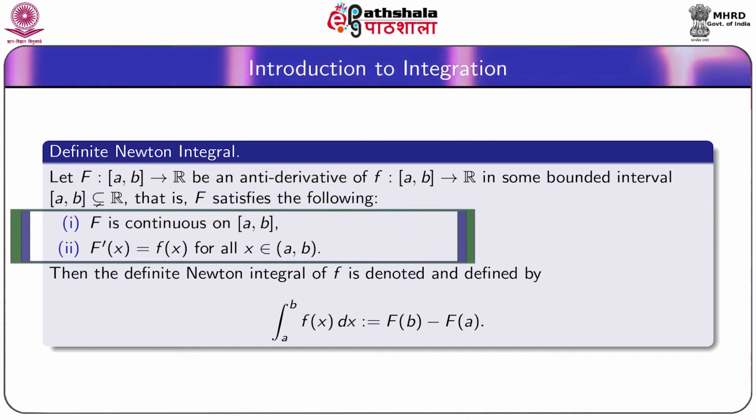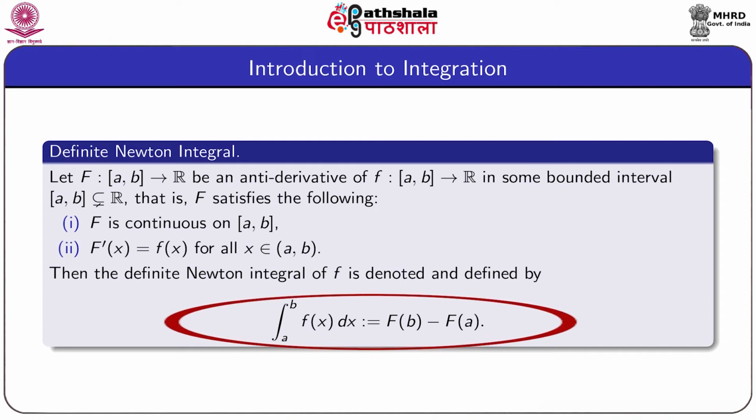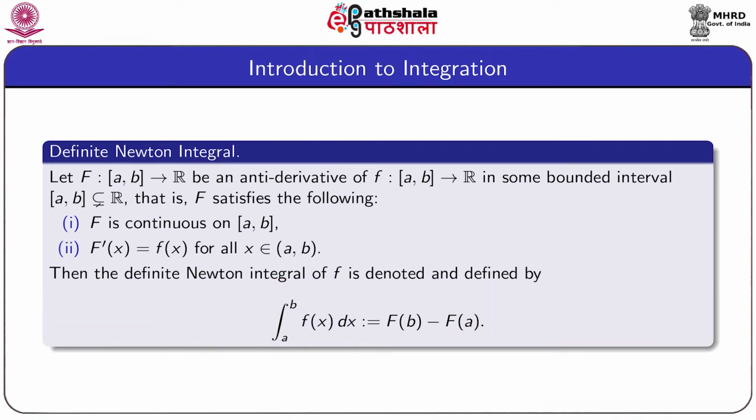First, capital F is continuous on the bounded closed interval [a, b], and secondly, the derivative of capital F is small f for every x from the corresponding open interval. Then the definite Newton integral of small f is denoted and defined by the integral from a to b of f(x) dx equals the difference of the values of capital F at b and a, that is, F(b) minus F(a).